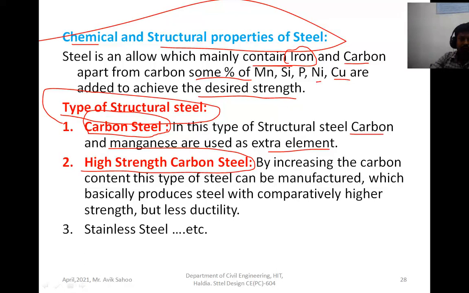And in high strength carbon steel we increase the carbon content, because as I have said, if I reduce the carbon percentage, then the ductility is increased but strength is less. So in high strength carbon steel the carbon amount is increased, which produces steel with comparatively higher strength.